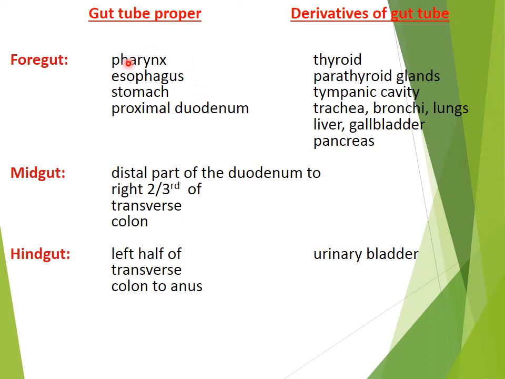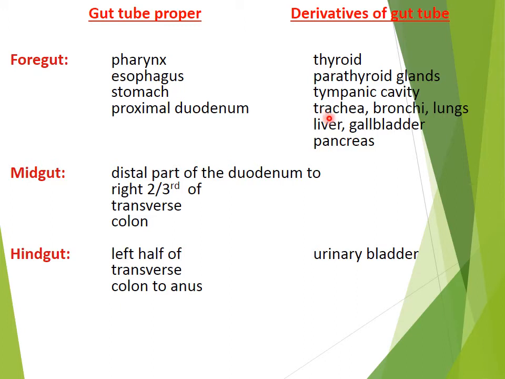Not only the gut structures, it also gives you gut associated structures. Like you have seen the thyroid diverticulum, this gives the thyroid and the parathyroid gland. The tympanic cavity is also an endodermal lined cavity derived from the foregut area.